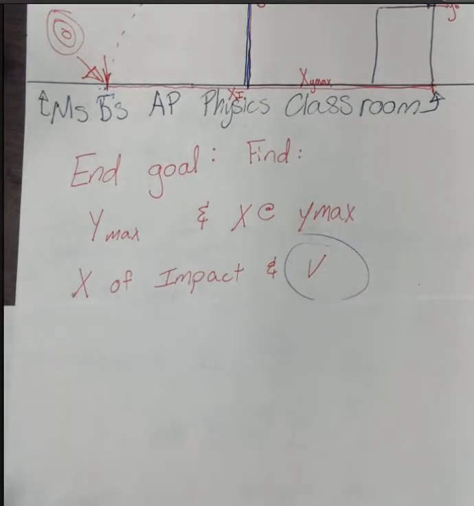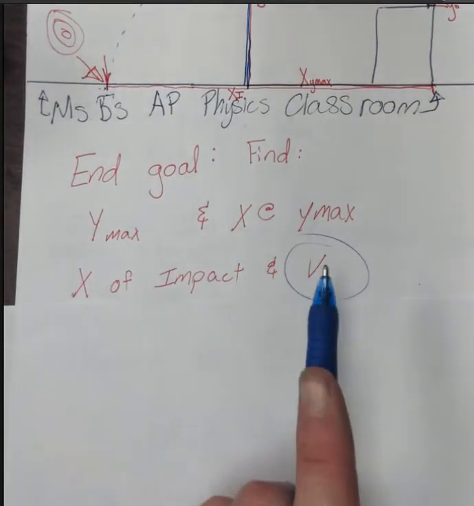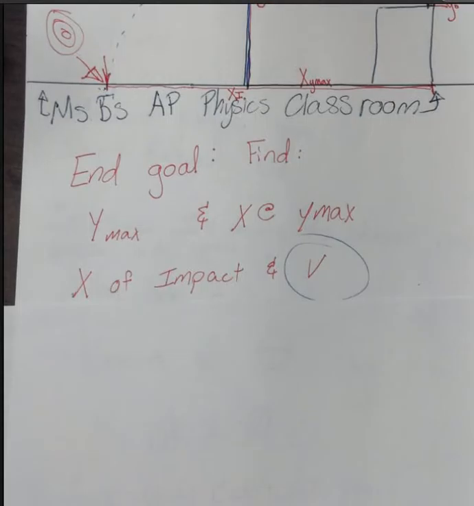If it does not make an impact and does not make a carbon negative mark, you will not have completed the lab. Then from the values collected within the lab, you are going to need to determine what the velocity of impact was. Not the x component, not the y component, but the actual velocity vector.